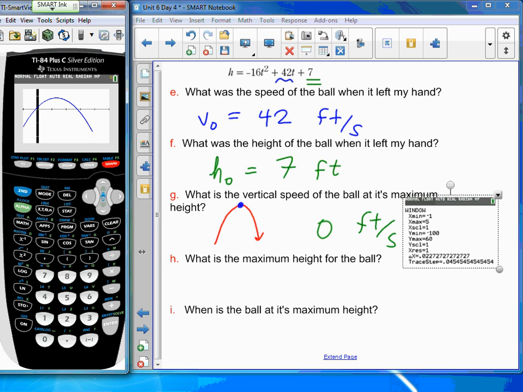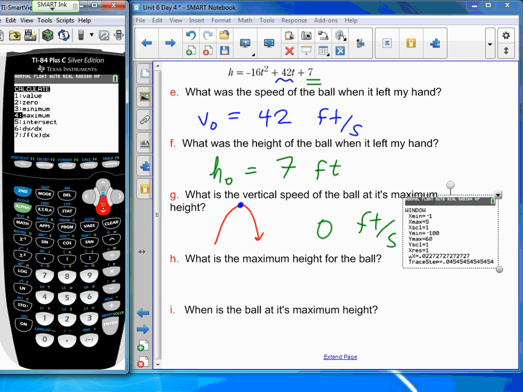If we wanted to calculate the maximum height of that ball, of that projectile, I could use the calculate menu and calculate maximum. To do that, we're going to use a similar process from our calculating 0 two class periods ago. Ready? This is very important. Everybody follow along. Second trace is the calculate menu. And we're going to pick not 0, we're going to pick maximum.